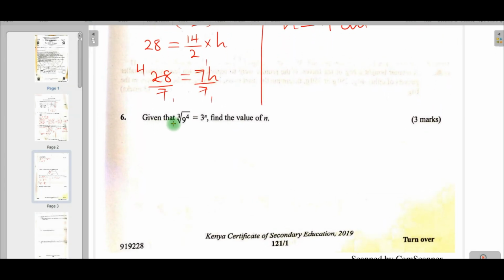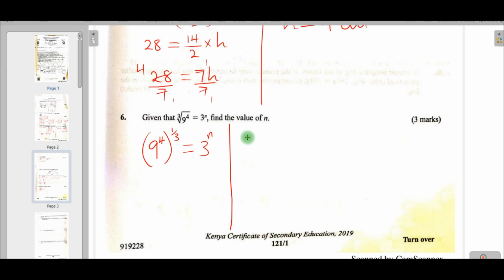We move on to the next question. Given that the cube root of 9 raised to power 4 is equal to 3 to the power n, find the value of n. So in this case here, we can rewrite this as 9 raised to power 4, then raised to a third, will be equal to 3 power n.